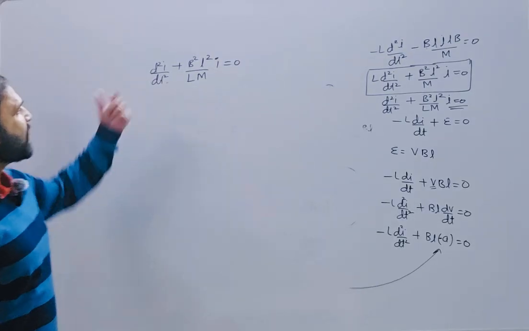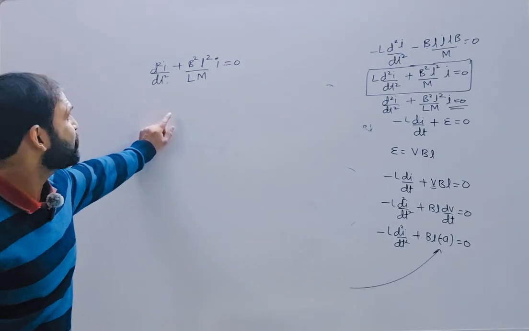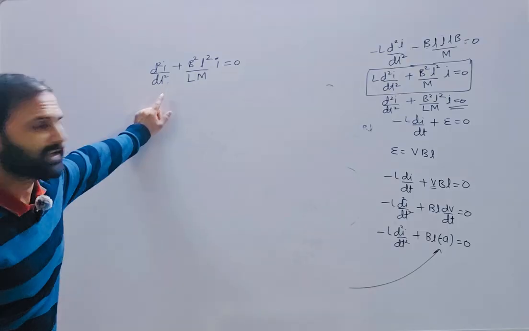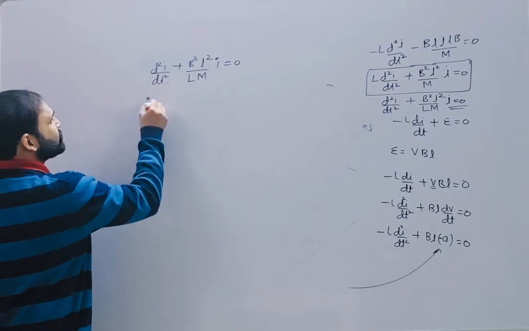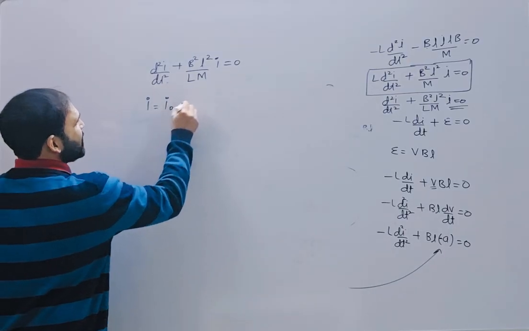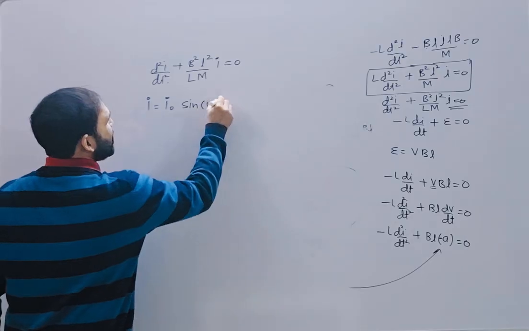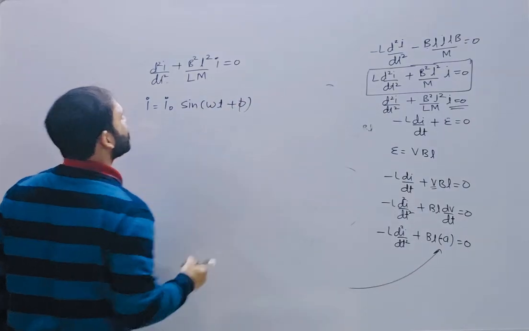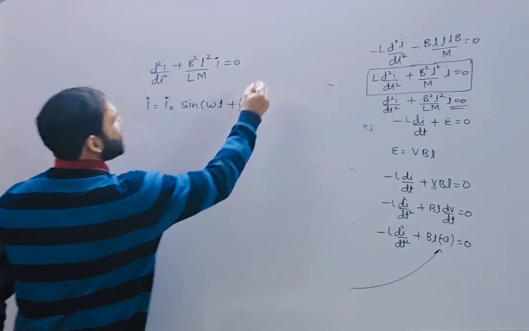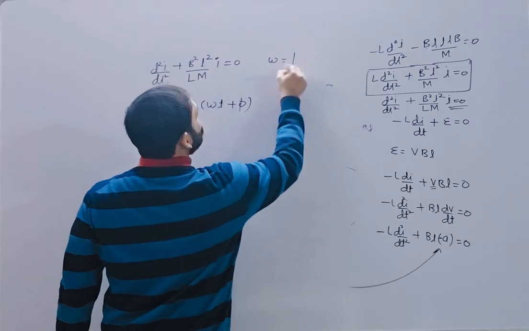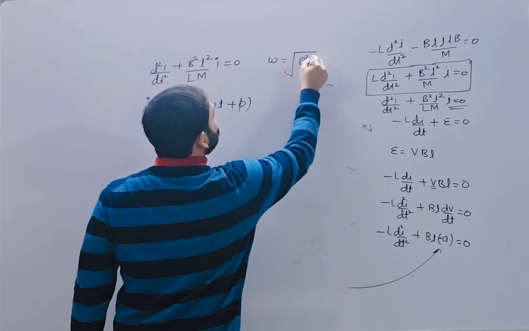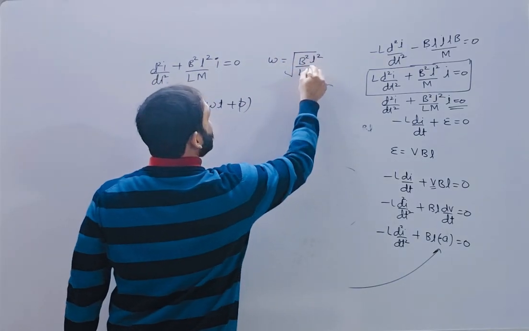That means the current is under oscillatory motion, and we can write the equation of current as I equal to I naught sine of omega t plus phi, where omega is equal to the root of B square L square divided by LM.